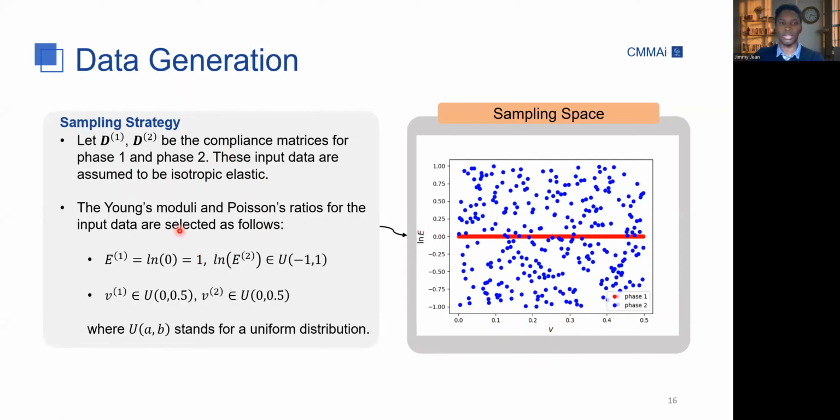In more detail, we fixed the Young's modulus of phase one of our RVE, and we varied the Young's modulus for phase two. And the Poisson's ratios we sampled from a uniform distribution limited by 0 and 0.5.